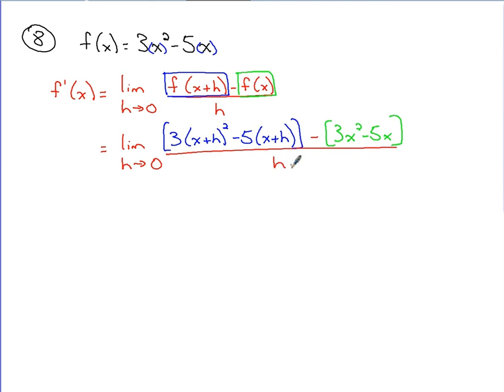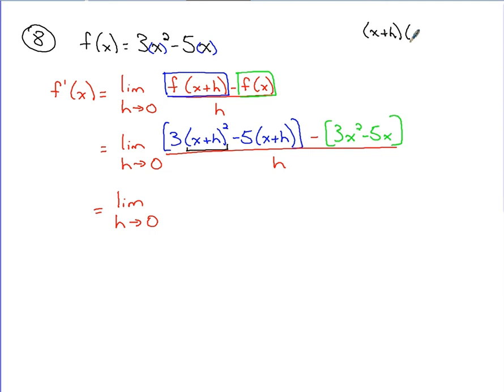There's the initial setup. And now it's time to do basically a whole lot of multiplying in this next step. So still simplifying, still applying my limit. As we simplify, we've got this binomial we probably want to expand first, this x plus h squared. So I mentioned this last time too.